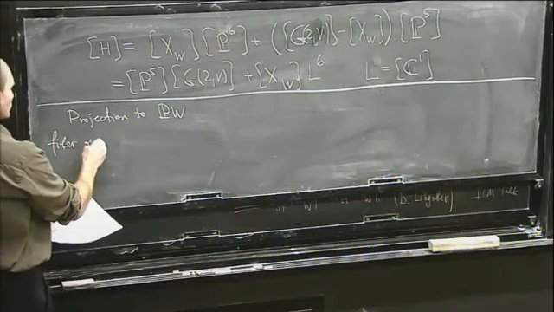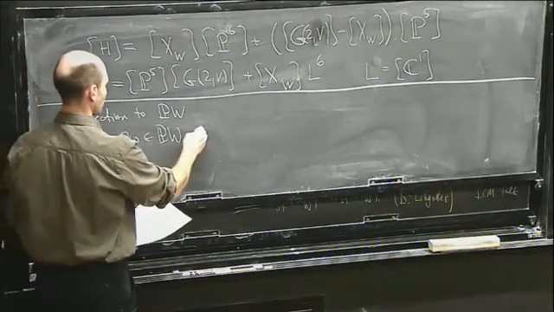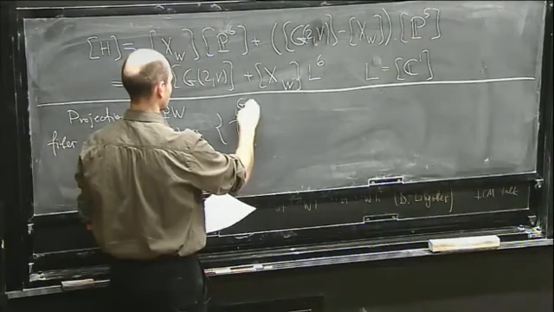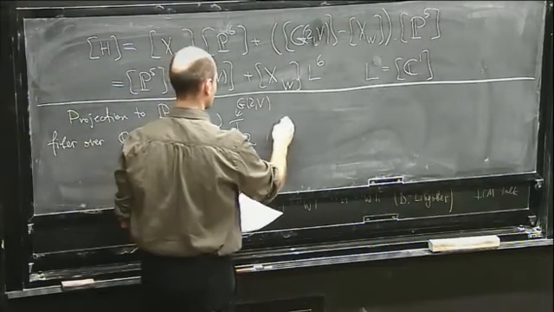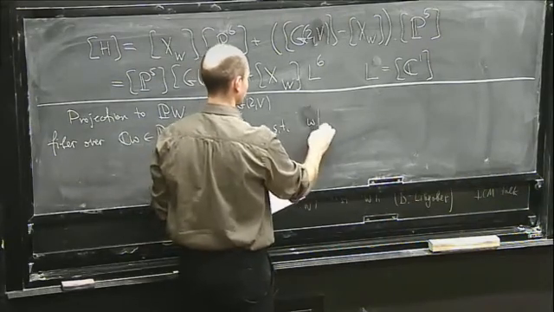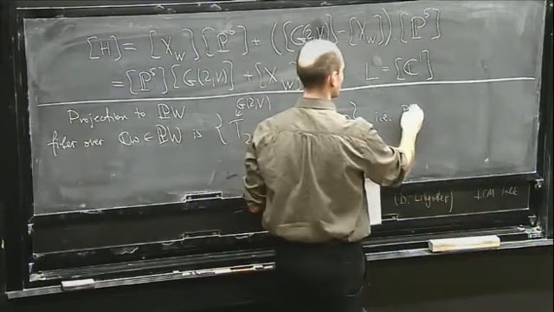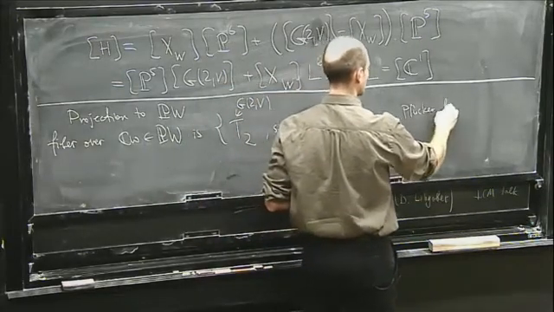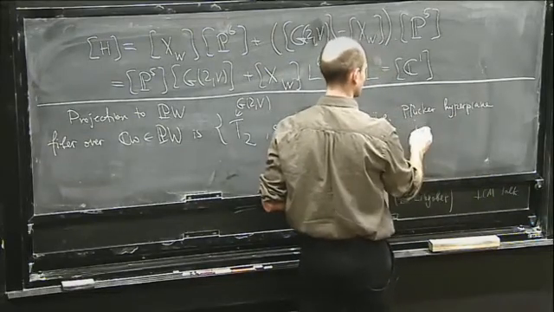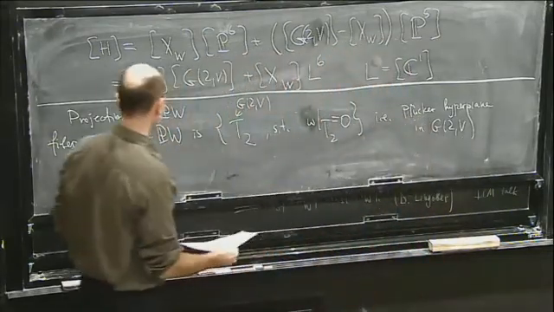So fiber over C small w in PW is a hyperplane in the Grassmannian, such that W restricted to T2 equals 0. So in other words, it's a Plücker hyperplane. Plücker hypersurface in G2V that corresponds to W.